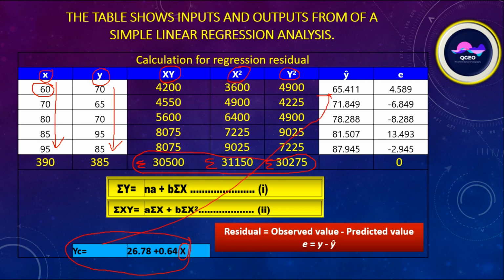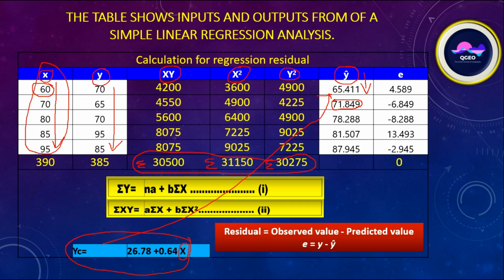Putting the value 70 in x, then Yc will be 70.849. In this way, we can calculate the predicted value. These are the predicted values, and these are the observed values.